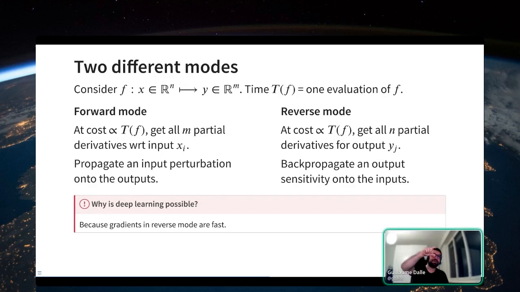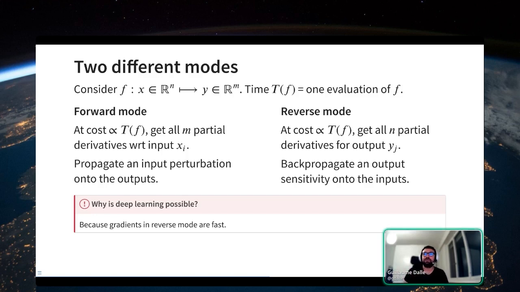You propagate an input perturbation onto every single output at a cost that is roughly the cost of one function evaluation. So for one function evaluation, which is the basic unit cost that you have in your program, right? Because you need to go through every single operation inside f. So for a cost that is roughly the same, you get all partial derivatives with respect to one input.